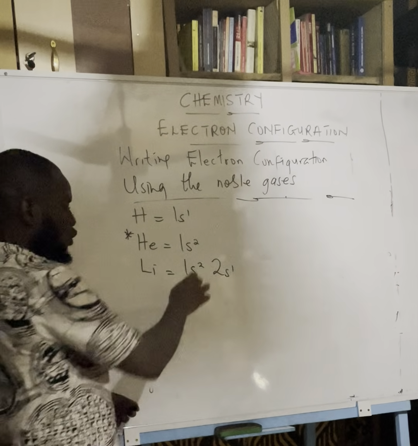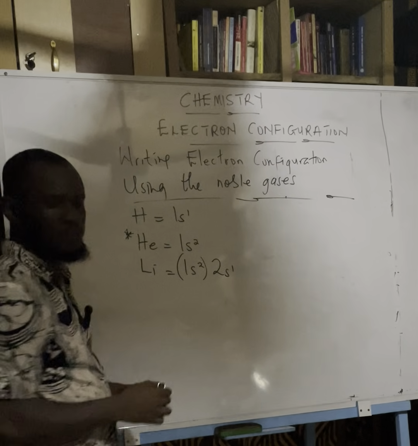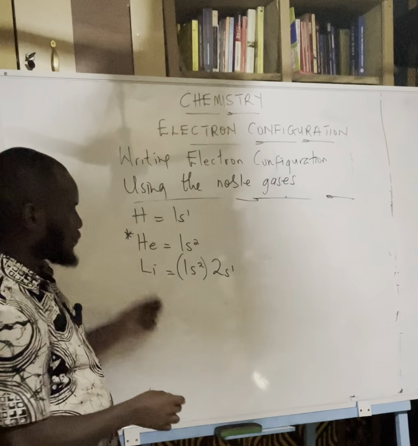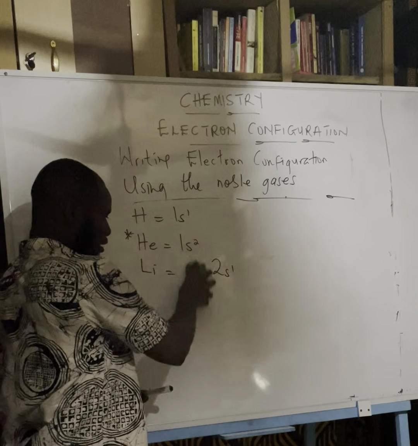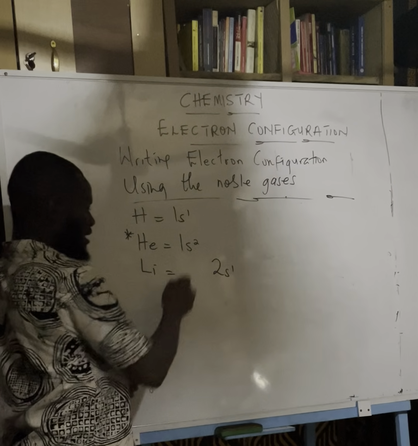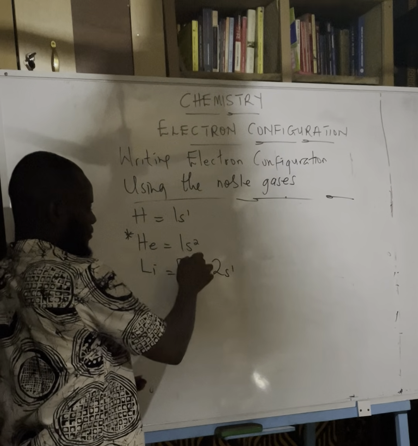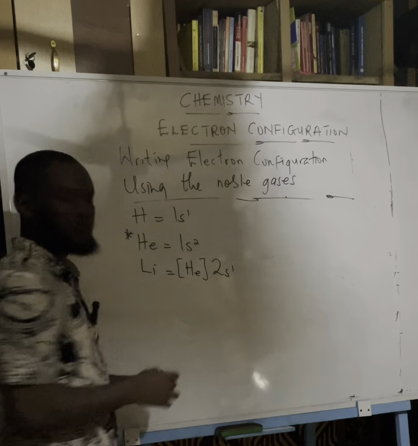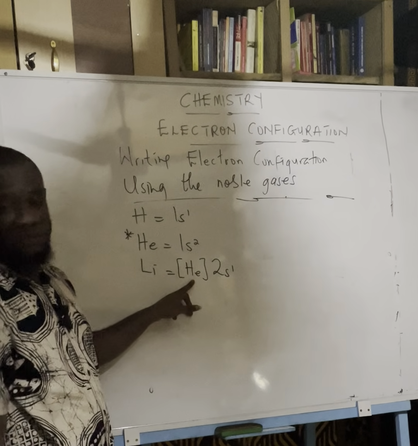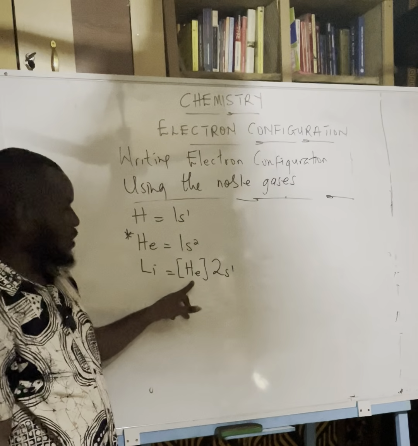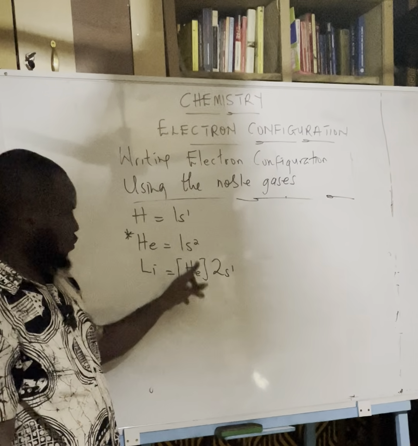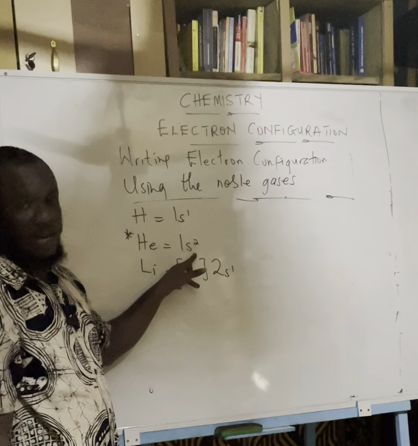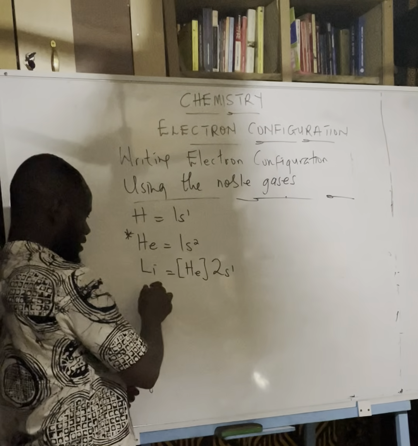However, we know that the 1s2 is always the electron configuration of what? Helium. So what we can say is that it means a bracket. The bracket here means you put helium in bracket. When you put helium in bracket, it means that you are factoring in the electron configuration of helium, which is 1s2. So this helium in bracket represents the 1s2. Then we go to what?